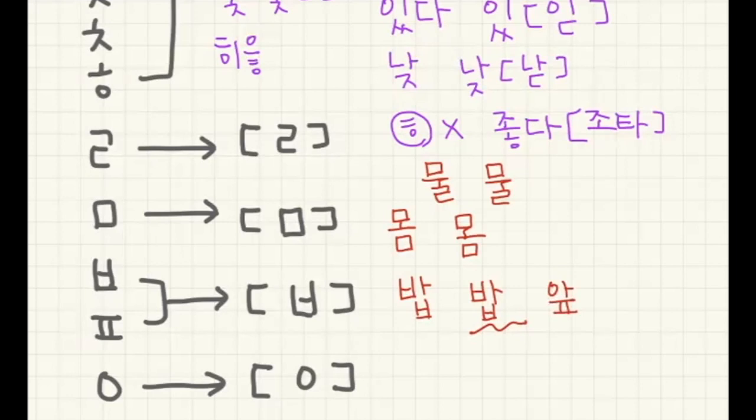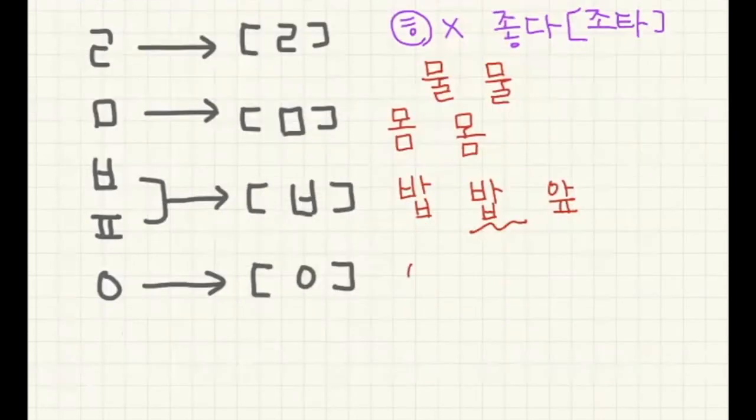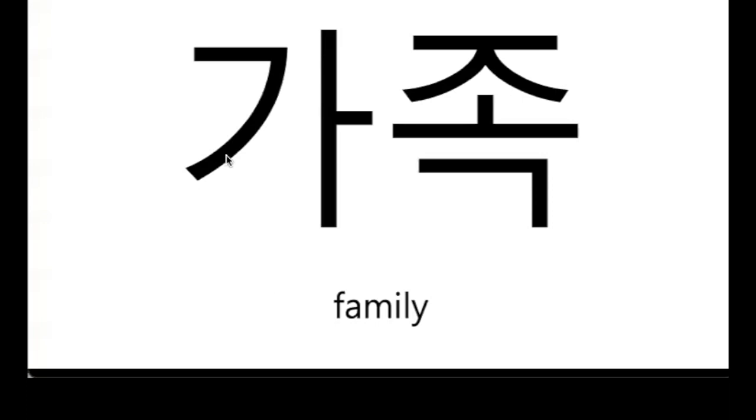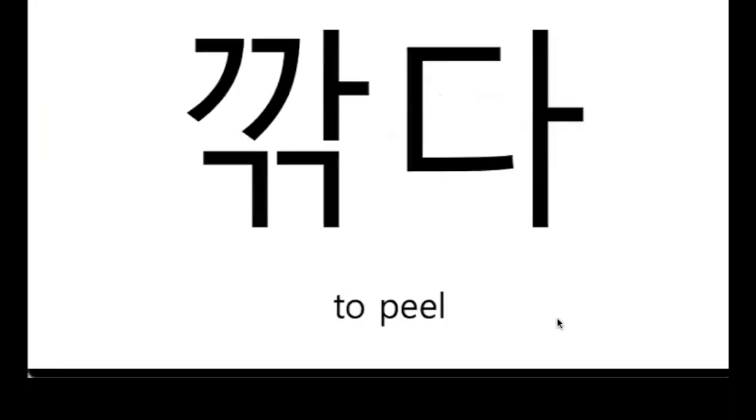Can you read this one? Now you understand the final consonants, so you can read it at once. Up. Can you read this one? Ya and ng sound. Yang. Here. Can you read this one? 가족. 가족. And this one.